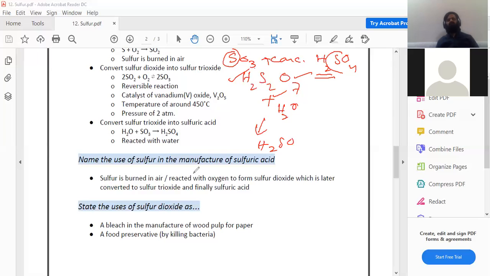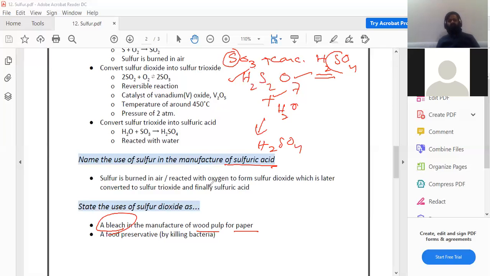So sulfur is used to manufacture sulfuric acid, but sulfur dioxide is also used as a bleach to manufacture wood pulp, to bleach paper. If the paper has colors and you want to have white paper, then they use sulfur dioxide to bleach this paper to remove the colors.